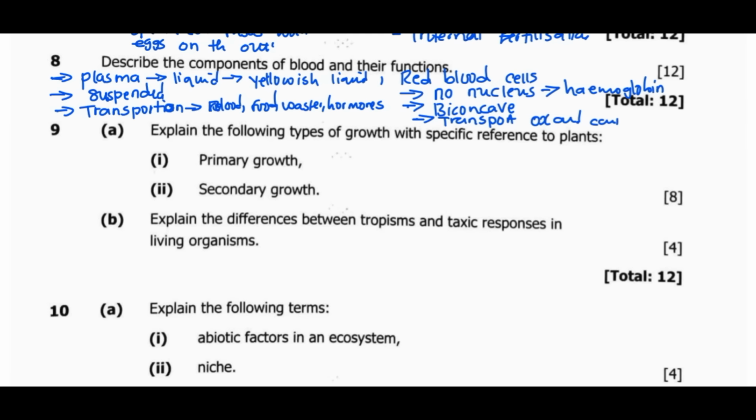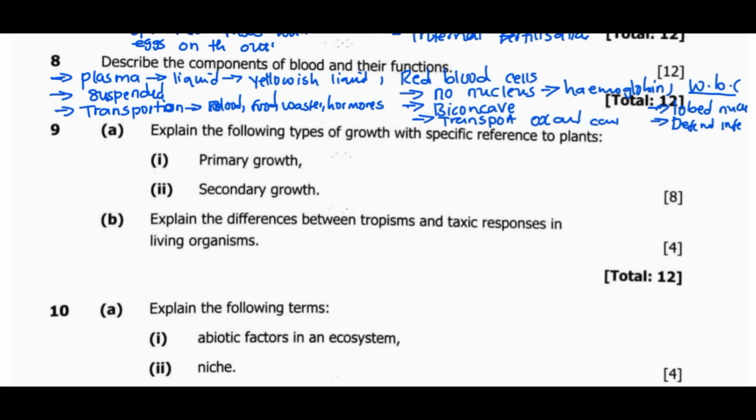Then the third one that we can look at is white blood cells. Under white blood cells, we have the cells that have a lobed nucleus. Then there are so many examples of white blood cells. We have phagocytes, lymphocytes, neutrophils, all these. Then the function of white blood cells is to defend the body against infections.